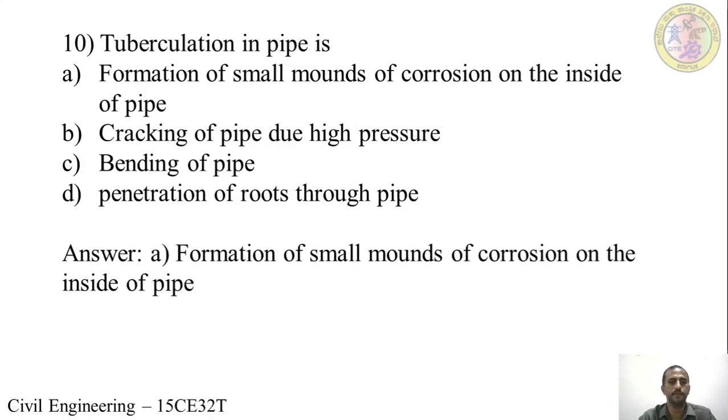And the answer is A. Tuberculation is the formation of small mounds of corrosion on the inside of the pipe. This happens due to activity of microorganisms present in the water media that is flowing through that pipe.